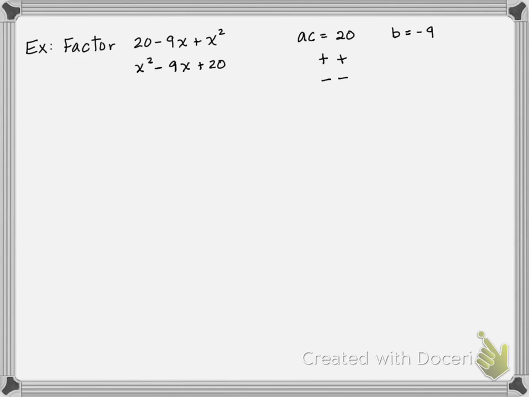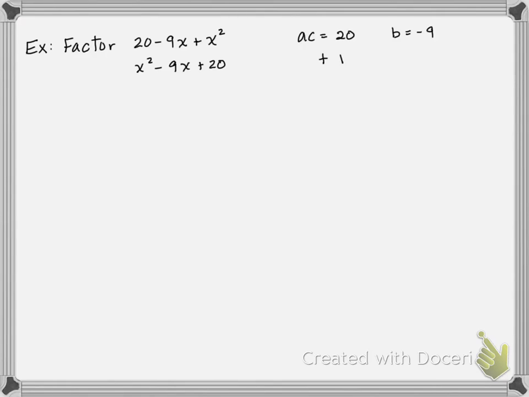So which possibility does it have to be? Do I have two positives or two negatives? Well, A and C are both positive, but for the two numbers I'm about to find, they're going to both have to be negative because they have to multiply to make a positive and they have to add to make a negative. Right.